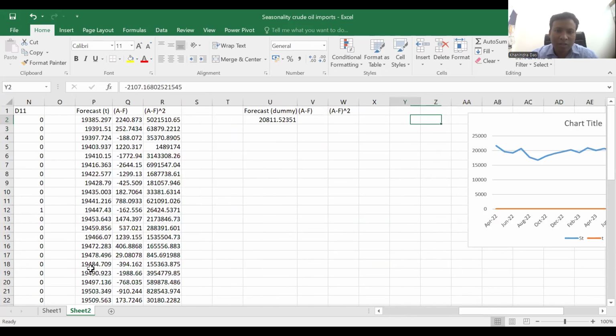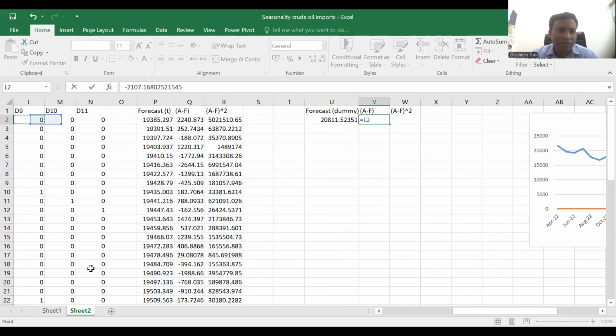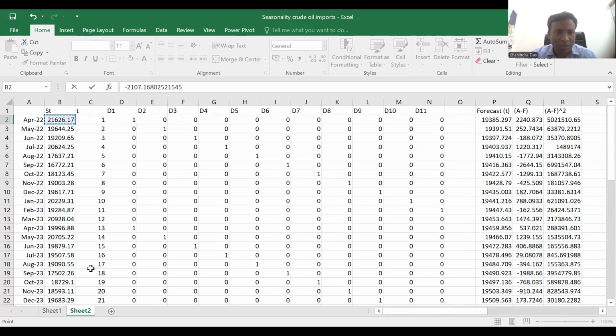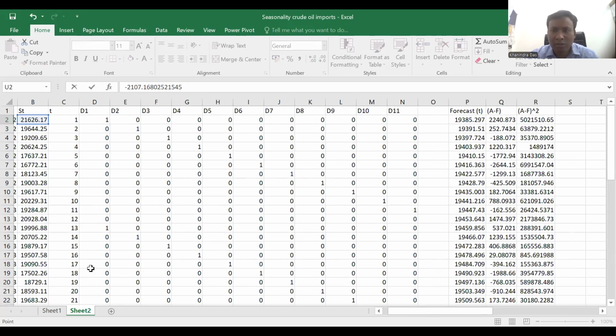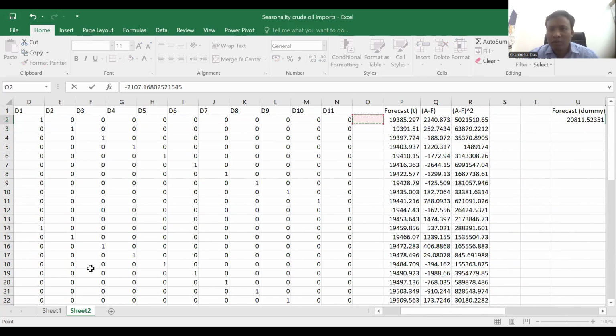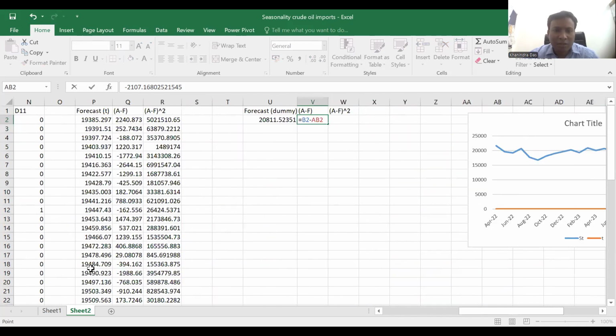So let's see the deviation of actual minus forecast. Actual is this, minus the forecast with dummy method is this, right? So there you can clearly see the deviation is lower this side, and the square value will obviously be lower.